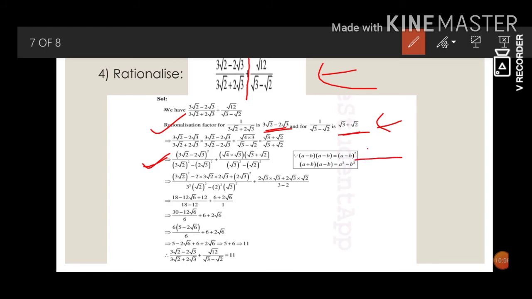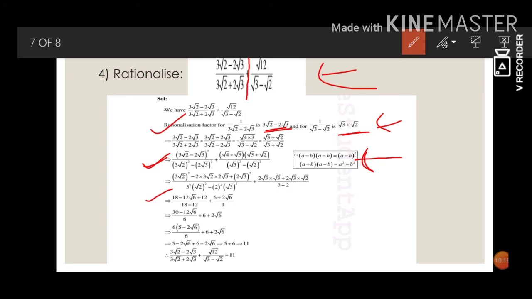Here two identities are used. These are the two identities that we have used. After multiplying, we will get 18 minus 12 root 6 plus 12 by 18 minus 12, and 6 plus 2 root 6 by 1.